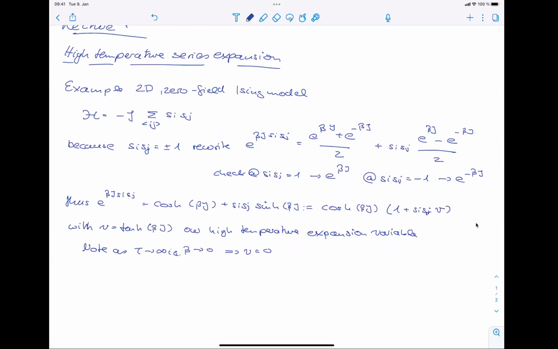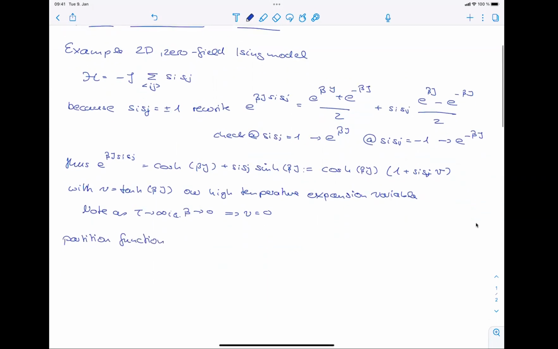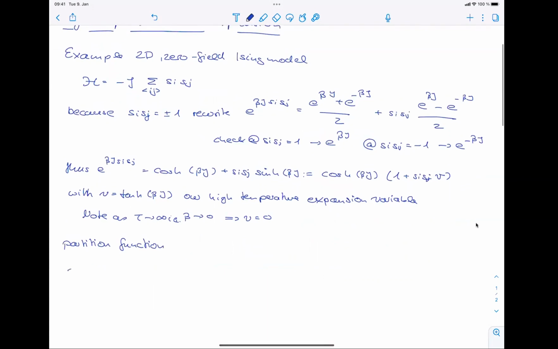And so our partition function, if we just write it down for an Ising model, we're summing over all states e to the beta J, and then we're summing over ij Si Sj.